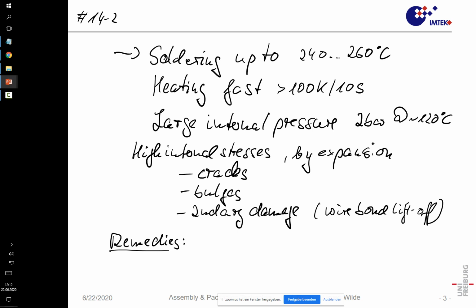Come on, think about it and talk. Using a package that has good film efficiency. Yes, so good CTE match. Generally, smaller packages are better.